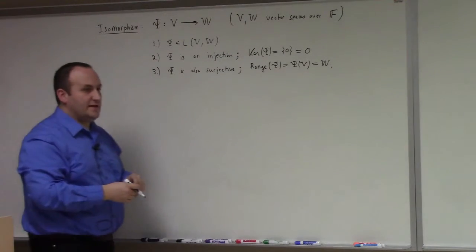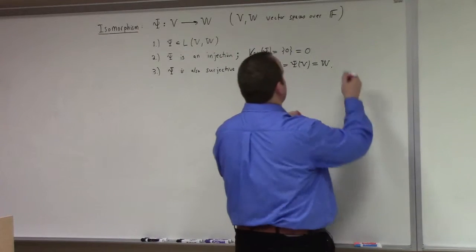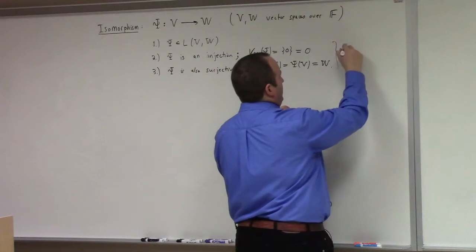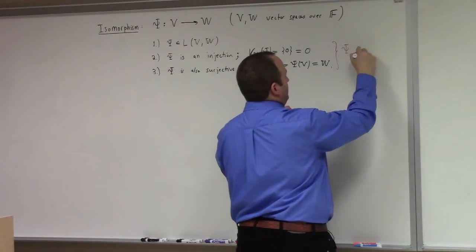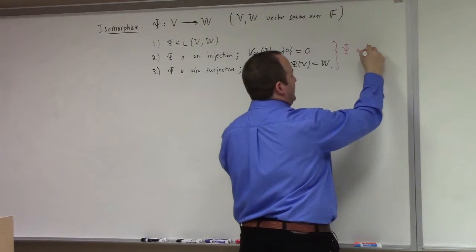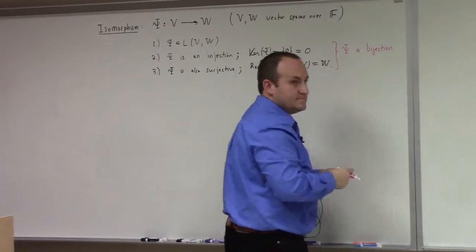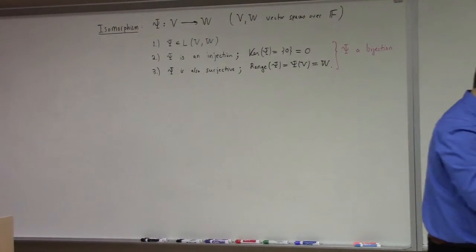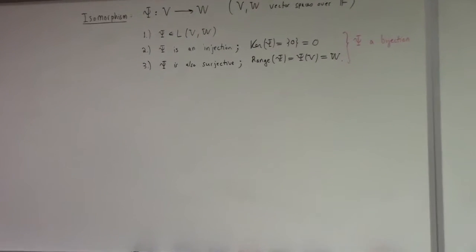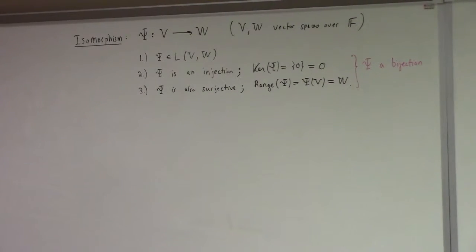Now, 2 and 3 collectively make psi a what? Well, true, but more to the point, a bijection, right? Bijections are invertible, that's true. So psi is a bijection, because it's an injection, which is also a surjection. So this is what's meant by isomorphism.